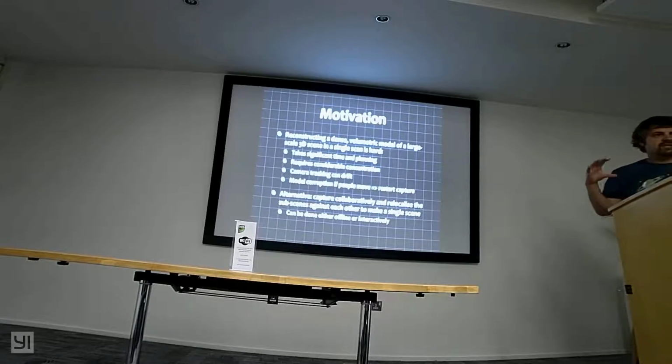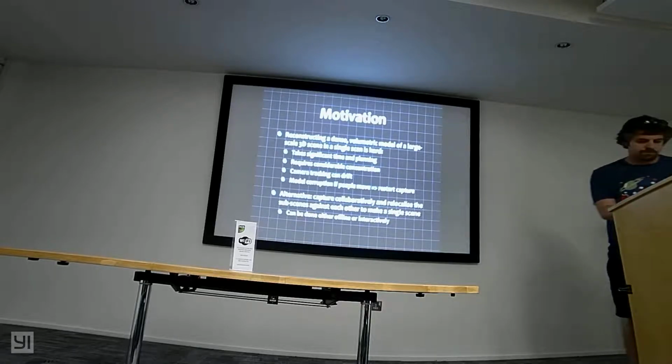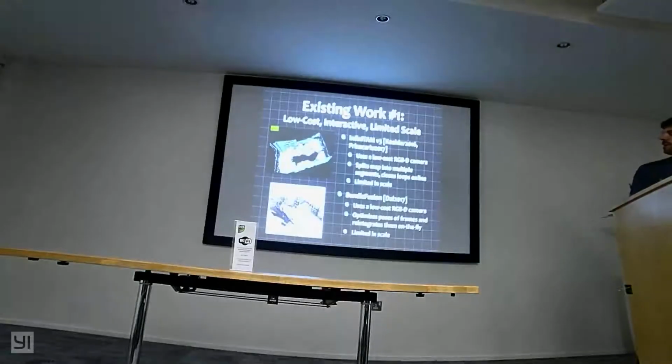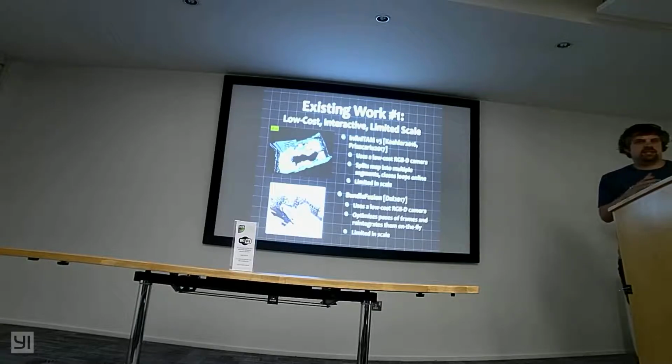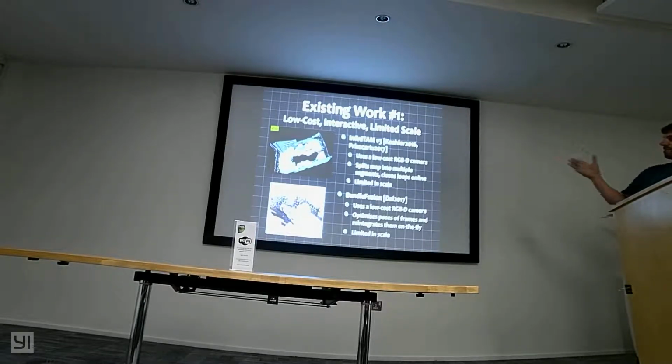Okay. So just looking at some existing work, it falls on a spectrum. There are low-cost, interactive methods, the sort of things built on top of KinectFusion. For example, this is an adapted version of Matthias Niessner's voxel hashing, a particular implementation with some improvements in certain areas.